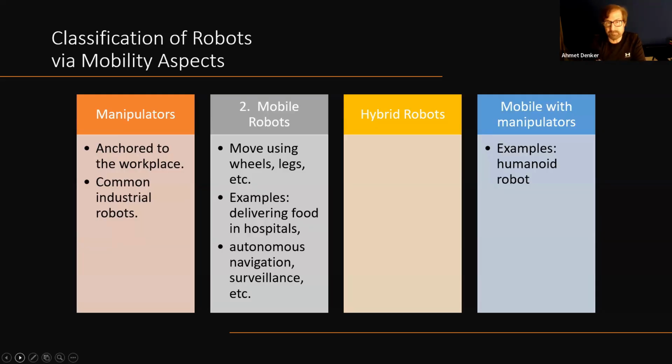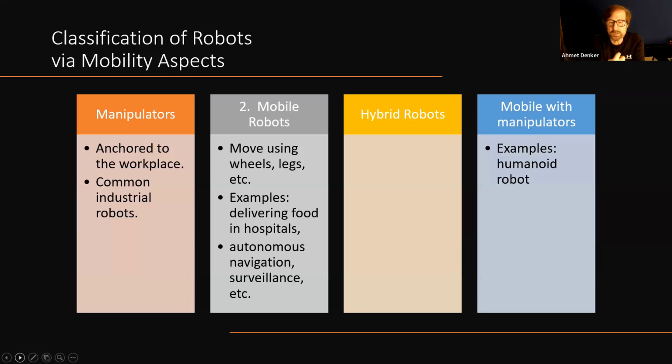If we give the motion capability to these robots, then we call them mobile robots. For instance, the Curiosity robot is a mobile robot. It has the capability of motion. But Curiosity robot is also a hybrid robot because it can move, it has the motion capability, but also it has an arm.